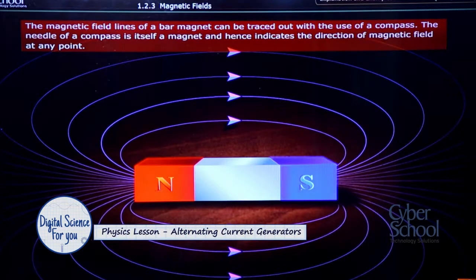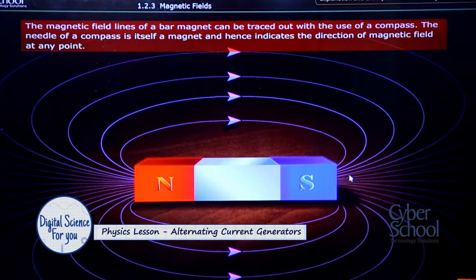Now, when you look at the complete field lines around the magnet, they are moving from one end of the magnet to the other, specifically from the North Pole to the South Pole. That's where the arrows are pointing, from north to south.